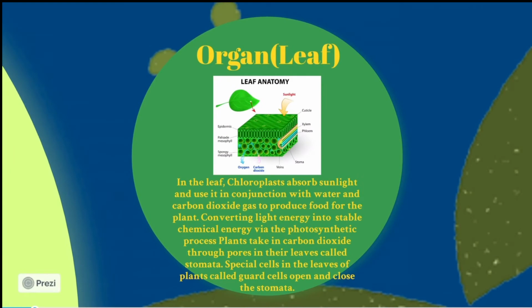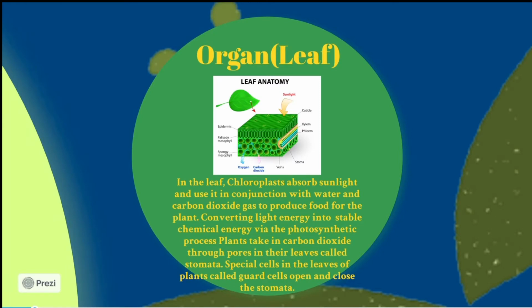So for the next tour stop, we have the leaf. Chloroplasts absorb sunlight and use it in conjunction with water and carbon dioxide to produce food for the plant. They convert light energy into stable chemical energy via the photosynthesis process. They take in carbon dioxide through the stomata in the leaves.